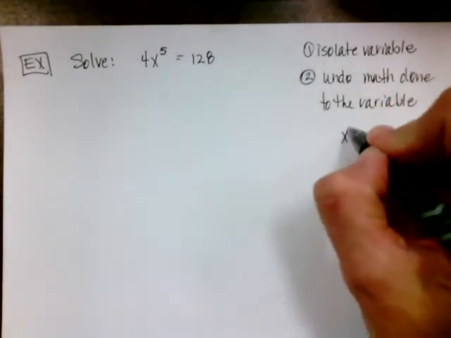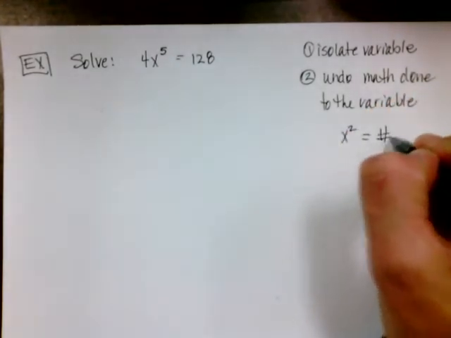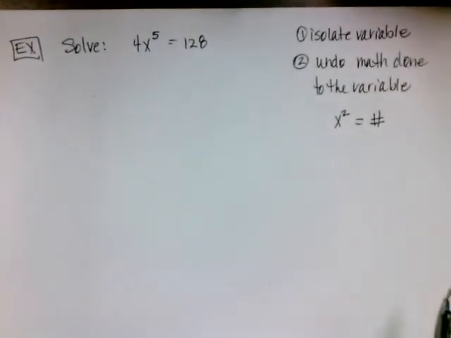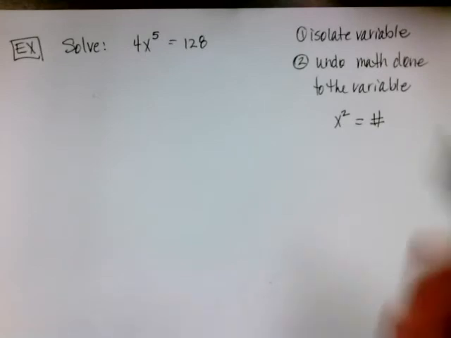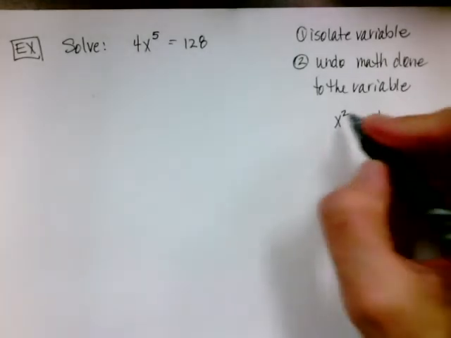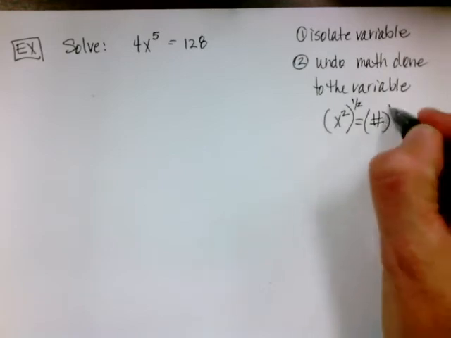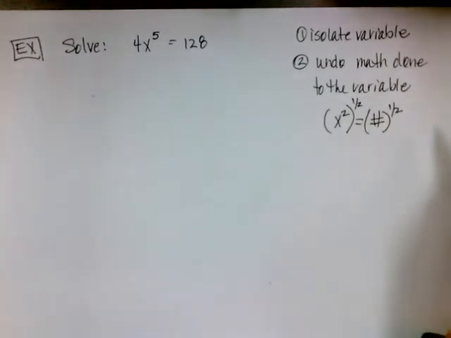So for example, if I have x squared equals something, and I want to solve for x, my first task would be to do the opposite of squared. Well, the opposite of squared is raising it to the 1/2 power, which is the same thing as taking the square root of both sides.